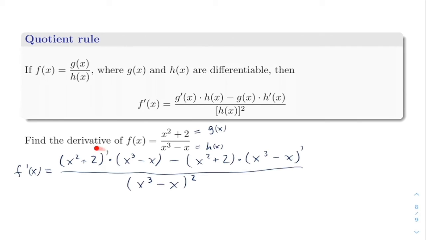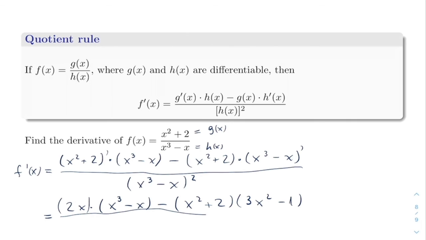Now we need to compute these derivatives, but again we know how to do this from the previous video. So this will be 2x times (x cubed minus x) minus (x squared plus 2) times (3x squared minus 1), and all that divided by (x cubed minus x) squared.